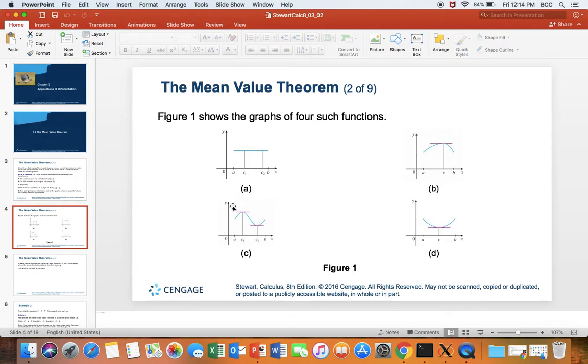You could have more numbers where the slope is zero. In fact, you could have every number, as in example A, where slope is zero. But this you are not guaranteed. You are guaranteed at least one number where slope is zero.